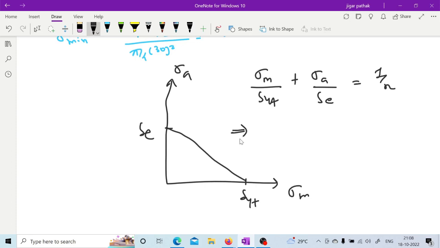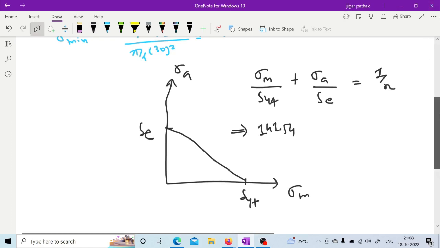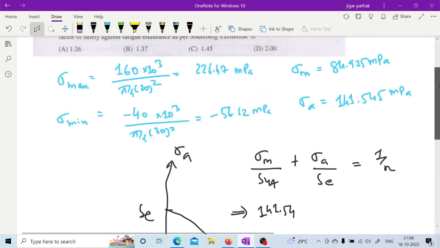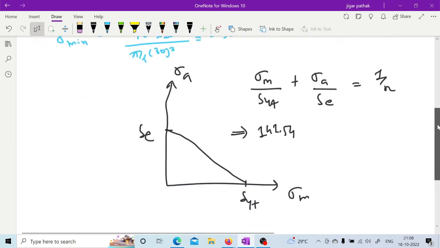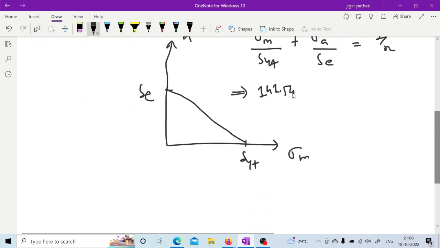What is sigma M and sigma A? Sigma A is 141.54 only, right? Yeah, and this is 84.925. SYT is what? 240.